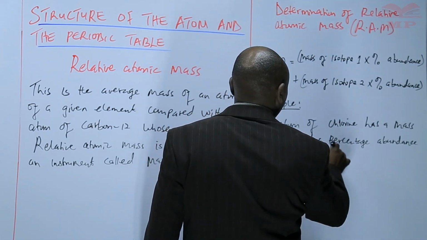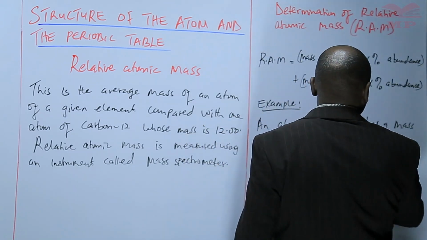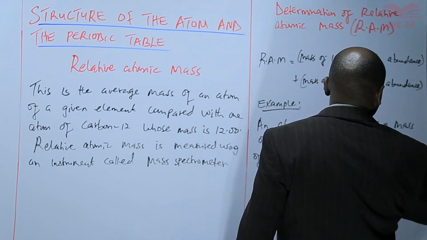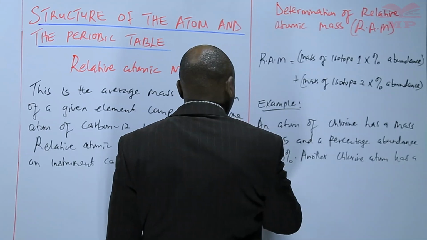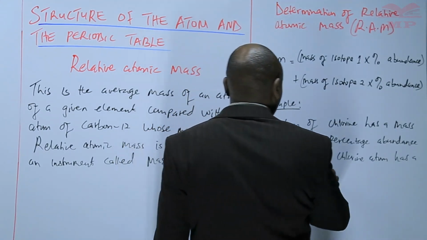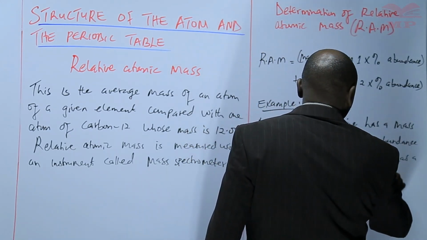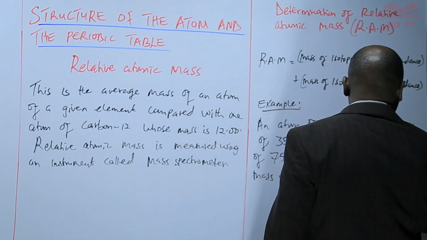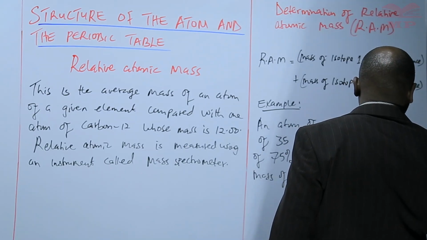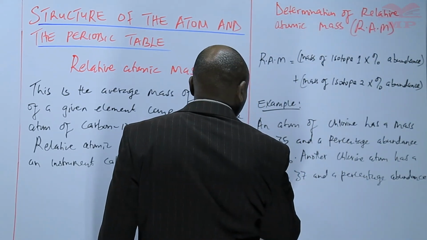Another chlorine atom has a mass of 37 and a percentage abundance of 25%.